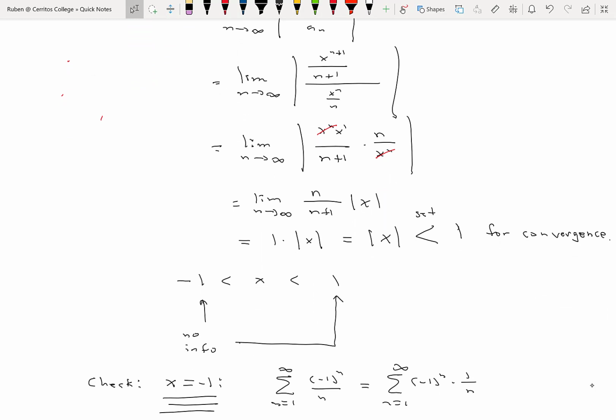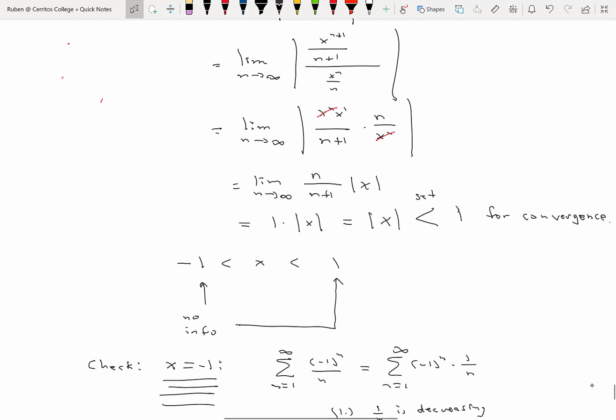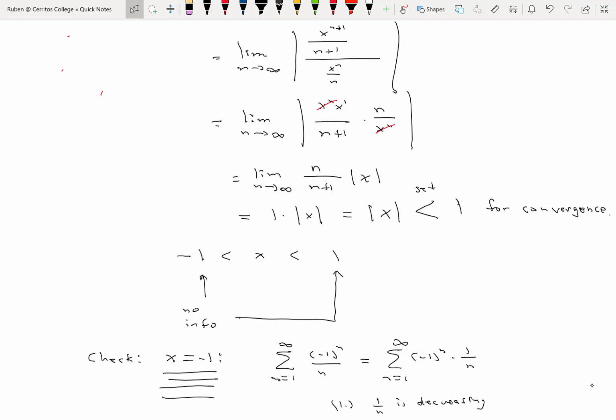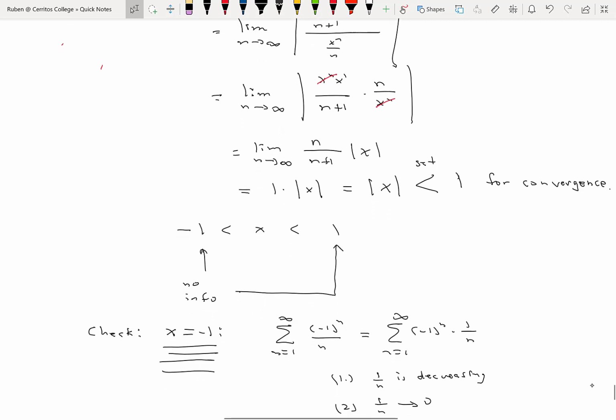So I'm looking at -1 to the n over n, substituting x equals -1. That I can rewrite in our familiar form for an alternating series. Use the alternating series test on that. 1 over n is decreasing. What does the second part say for the alternating series test? It says that we need 1 over n to approach 0. It is.